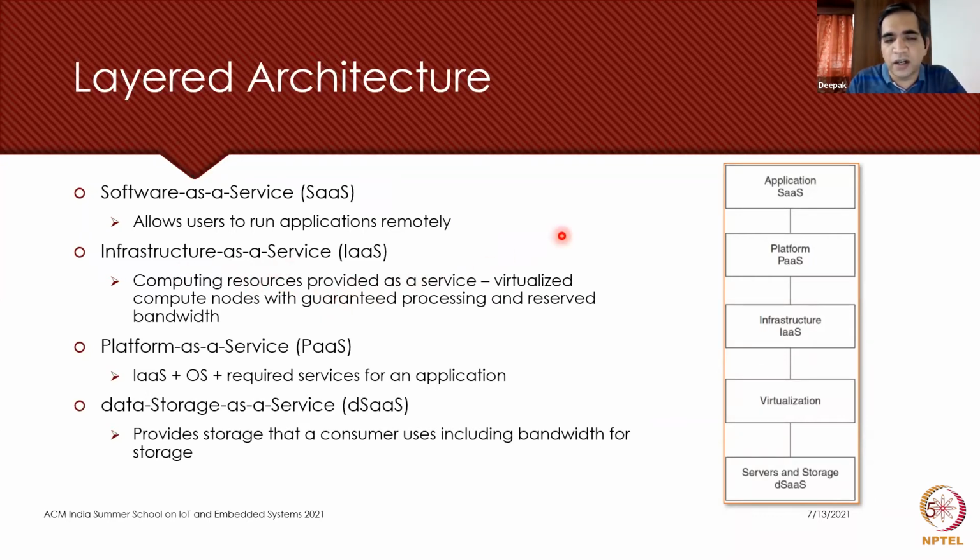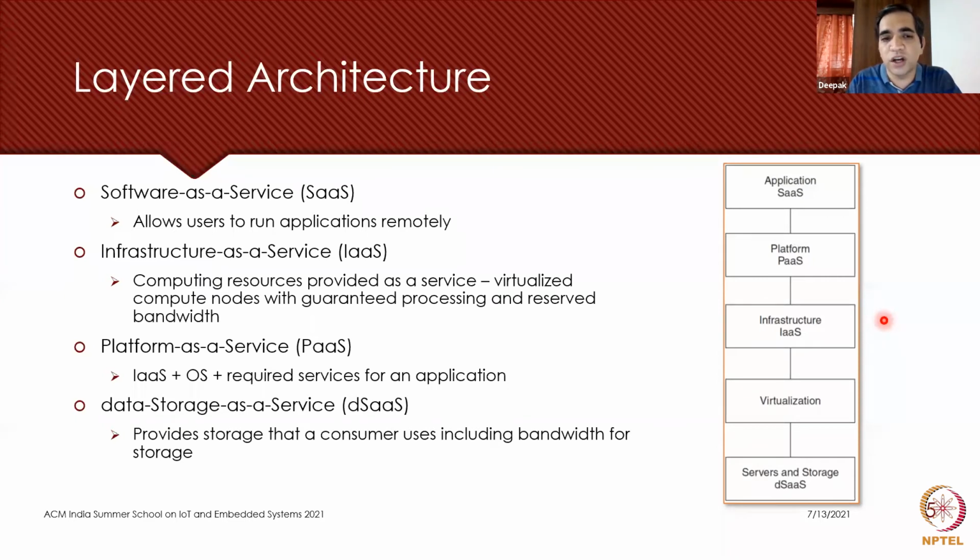So that's only the application part, right? Now you can also access more services. One of the other things that you can access is called infrastructure, and infrastructure as a service is another layer of this architecture. Here you're not asking for the application, so to say, but you are asking for the computing resources.